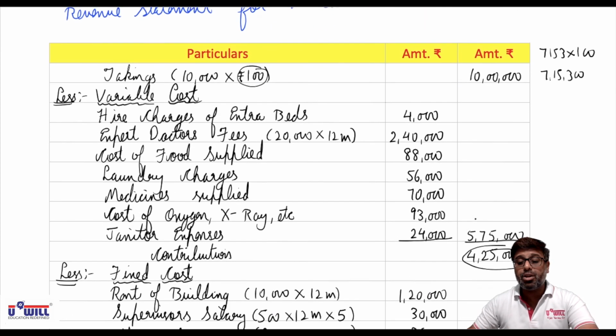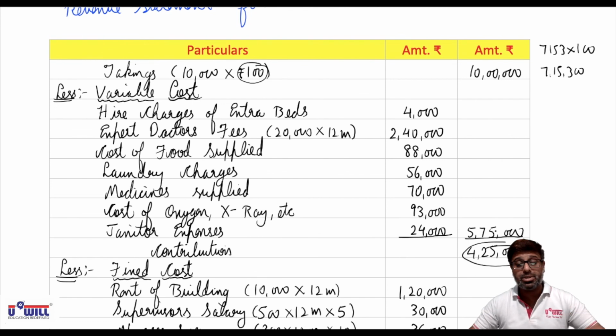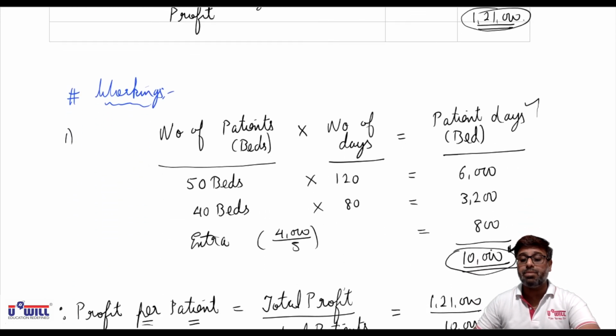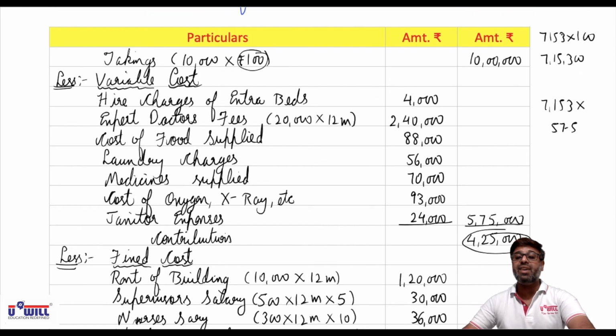Now the variable cost is 5,75,000 for 10,000 patients, so per patient variable cost is 57.5. For 7,153 patients, the variable cost would be 7,153 into 57.5. Don't take 5,75,000, because that is for 10,000 patients. If 7,153 patients are there, variable cost will also come down.